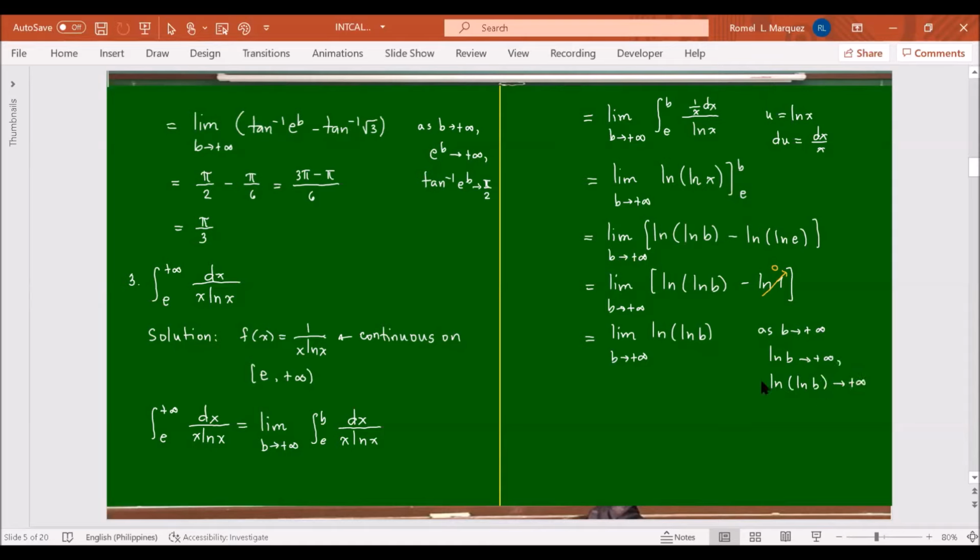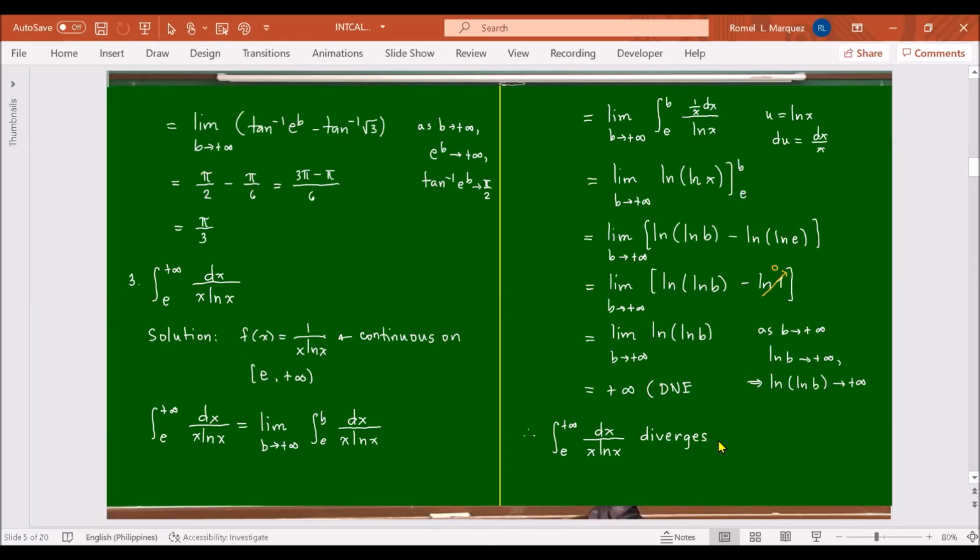Therefore, this limit is equal to positive infinity, meaning this limit does not exist. Hence, we say that this improper integral is divergent. Therefore, the integral from e to positive infinity of dx over x ln x diverges. Okay? Or it is a divergent integral.